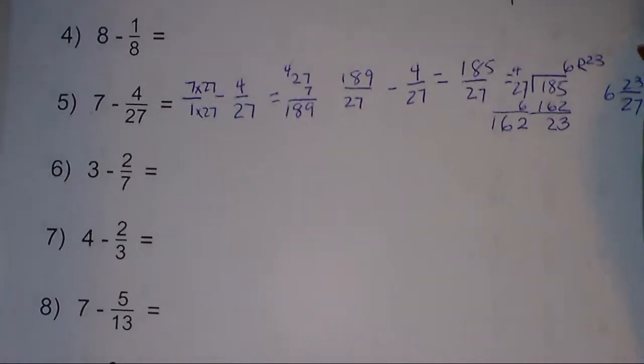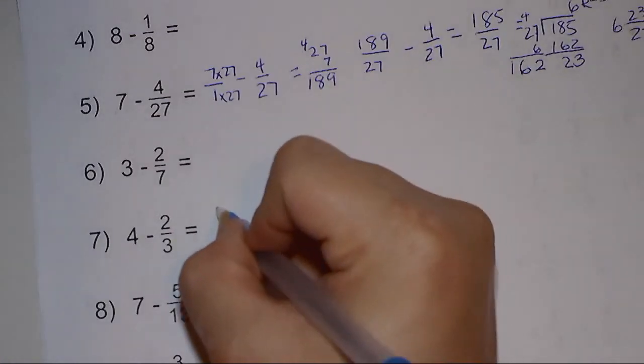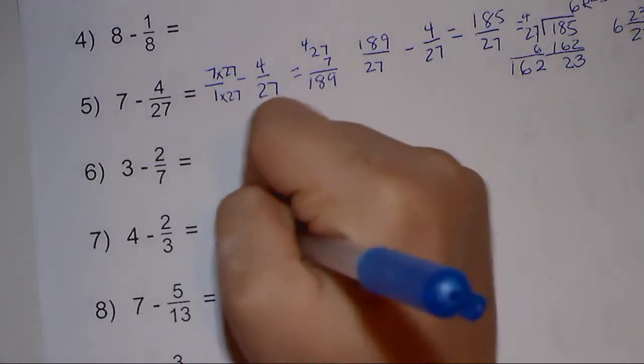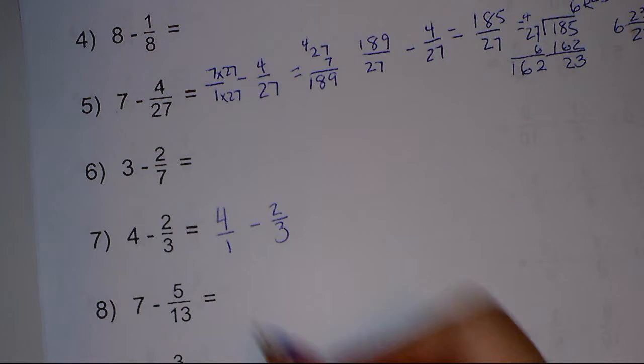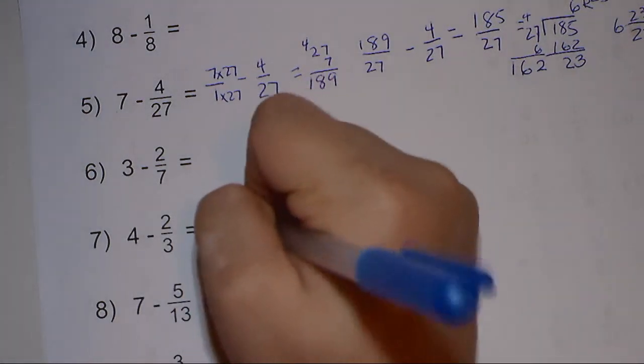Okay, so let's skip down to 7. First step, turn it into a fraction, minus 2/3. Second step, get the bottom to match. So times 3 times 3.